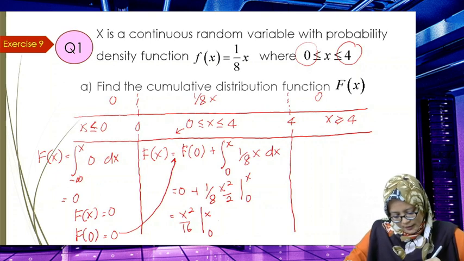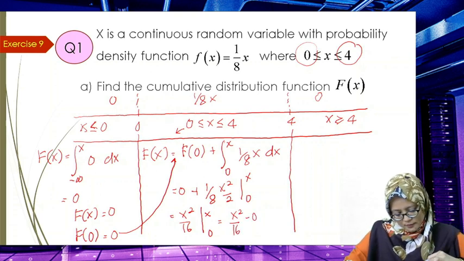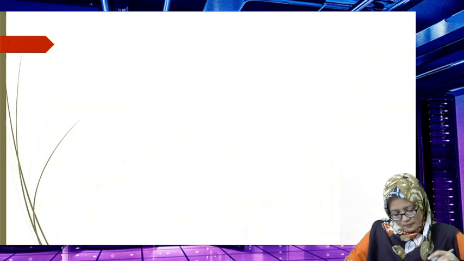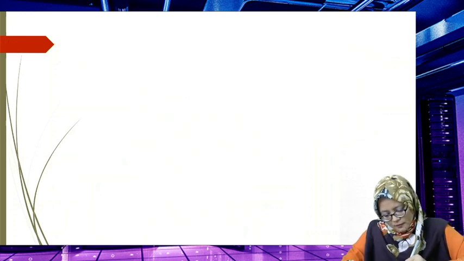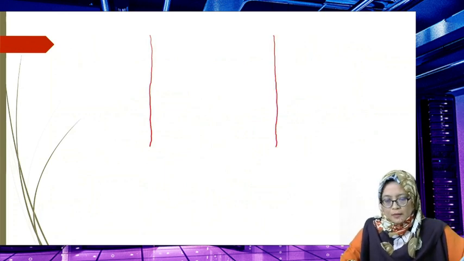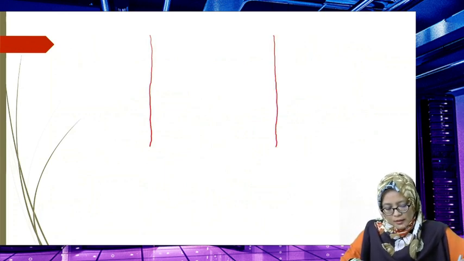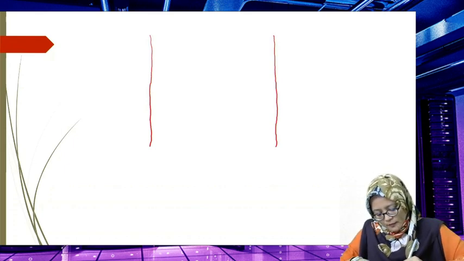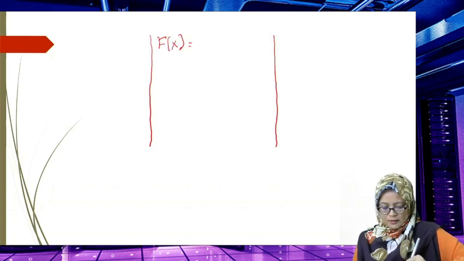Okay, so kita akan ganti value from 0 to x. Nanti kita akan jadi x square over 16 minus 0. Okay, so untuk second interval ni, F(x) kita tadi adalah x square over 16.